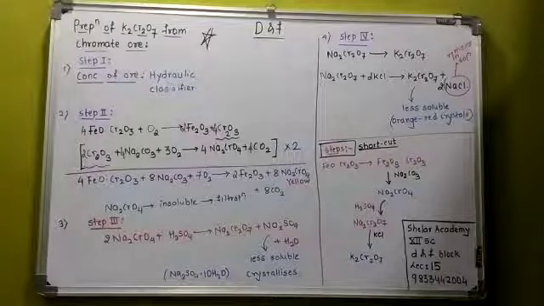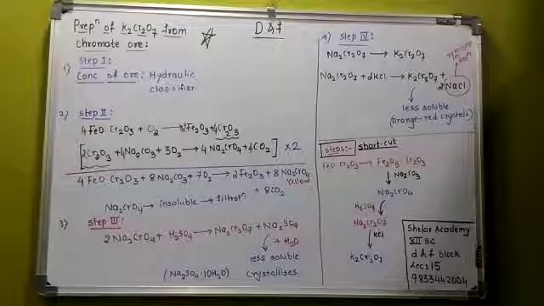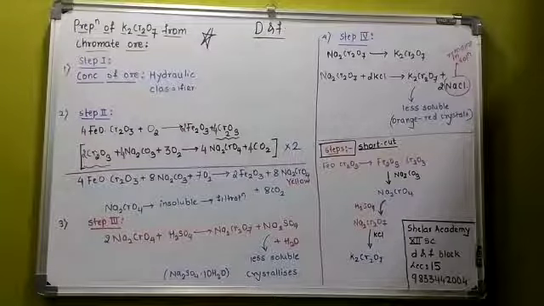See, we will concentrate on the reactions first. What is step number 2? We have the ore. What is the name of the ore? It is chromite ore. What is its formula? It is FeO·Cr2O3. It is burnt in air. Just remember the conversion. Balance it afterwards; you don't need to memorize it by rote, it will come automatically.